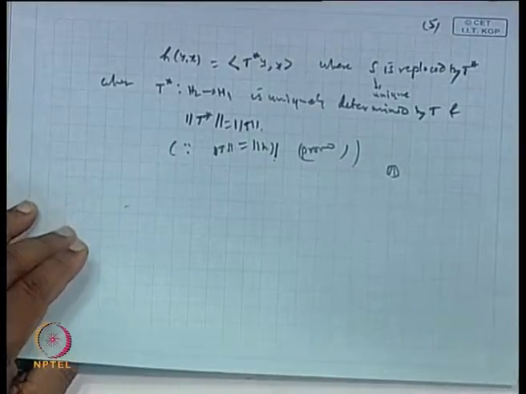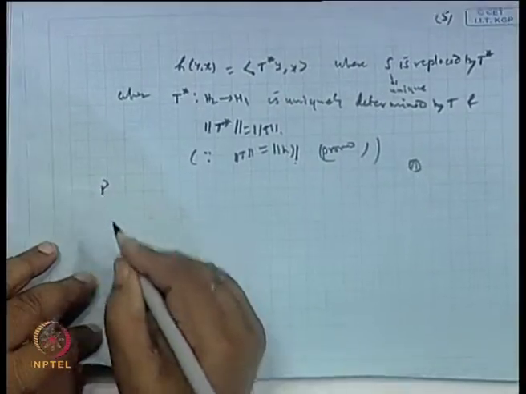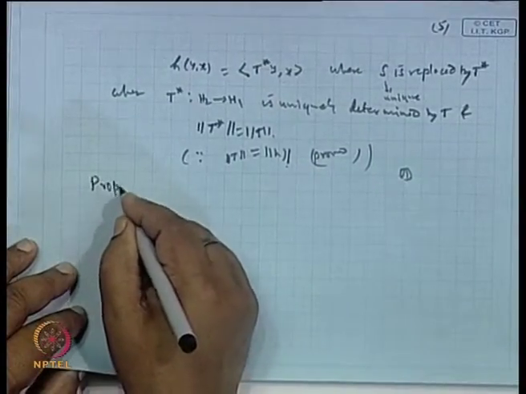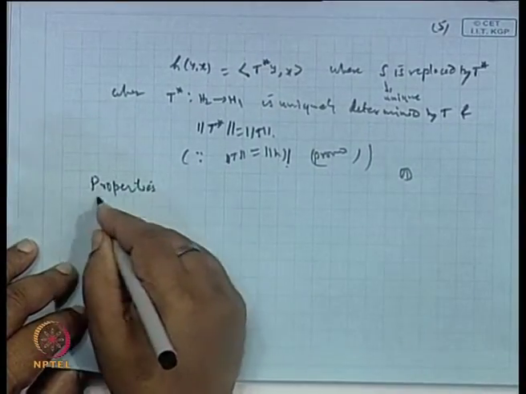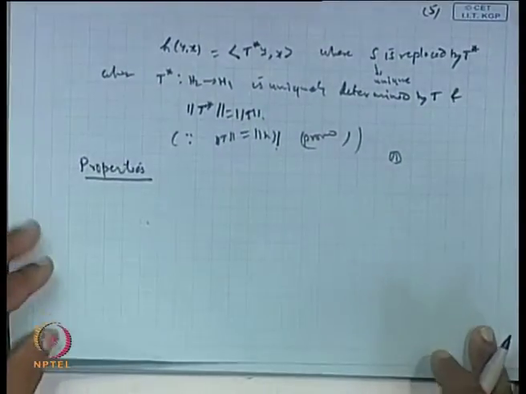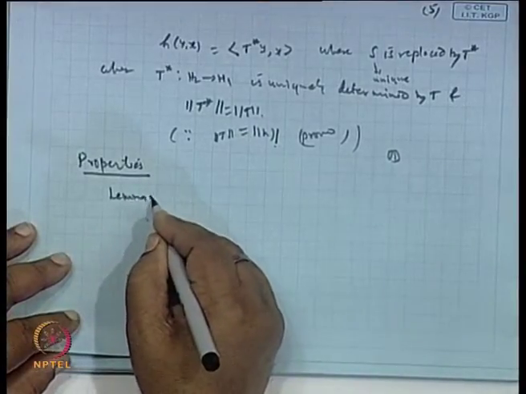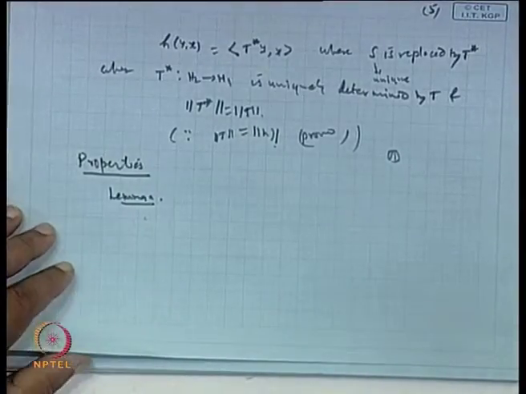Now, there are certain properties of this adjoint operator, the Hilbert adjoint operator. In order to prove the property, we will prove a lemma first and then go for the property. What is the lemma?